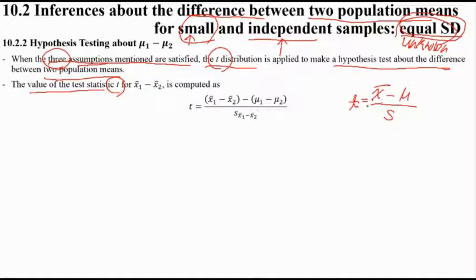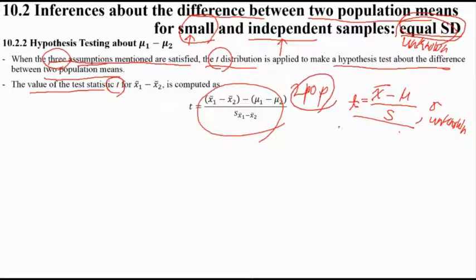At that time we don't know sigma, it is unknown in this case. But right now we have two populations. So this is the single-sample case, and this is the two-sample case.